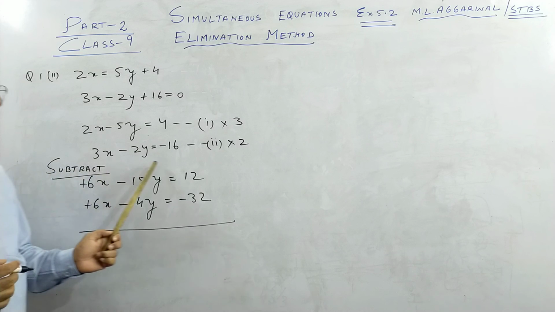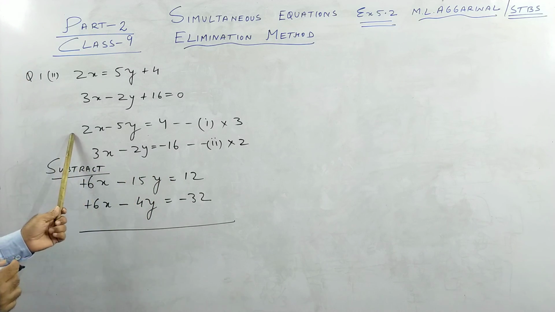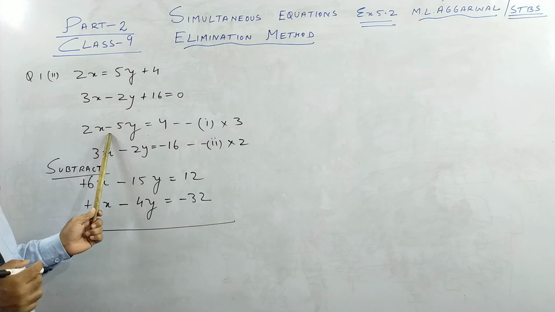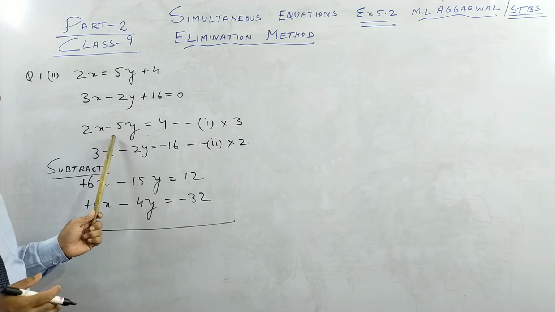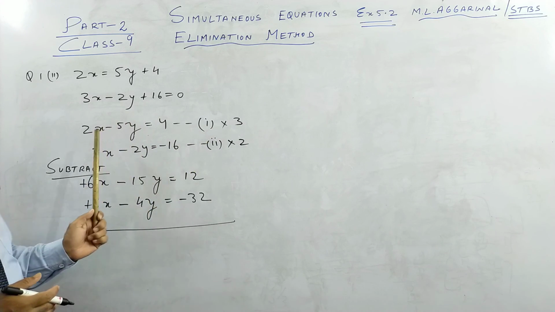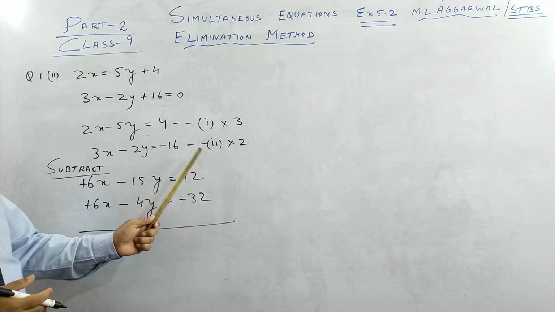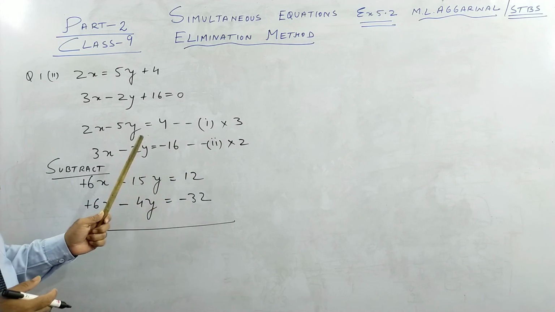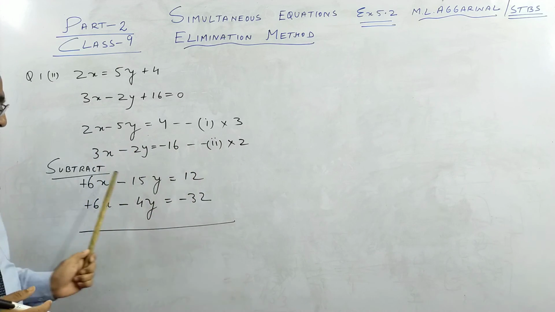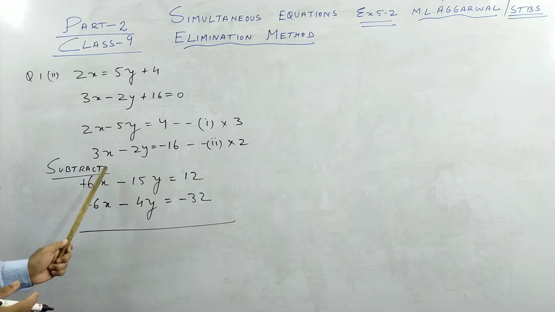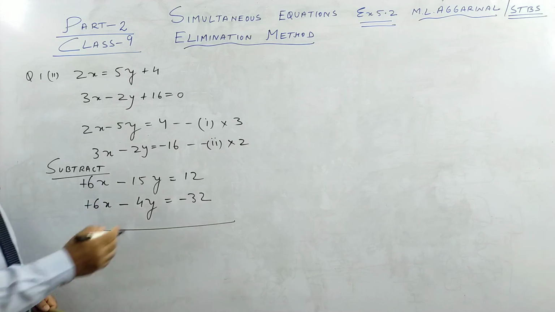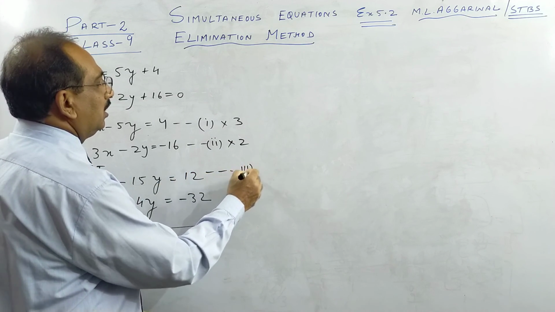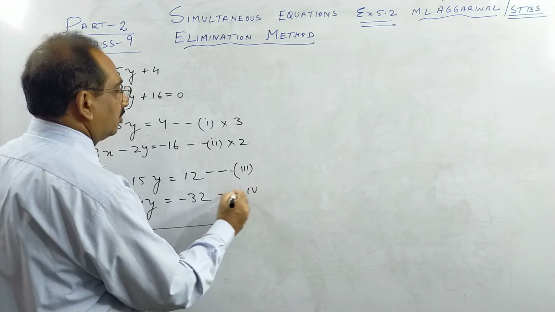If you want to write in detail, you can write: multiplying equation 1 by 3 and equation 2 by 2, we get this, and we subtract. You may call it equation 3 and equation 4.